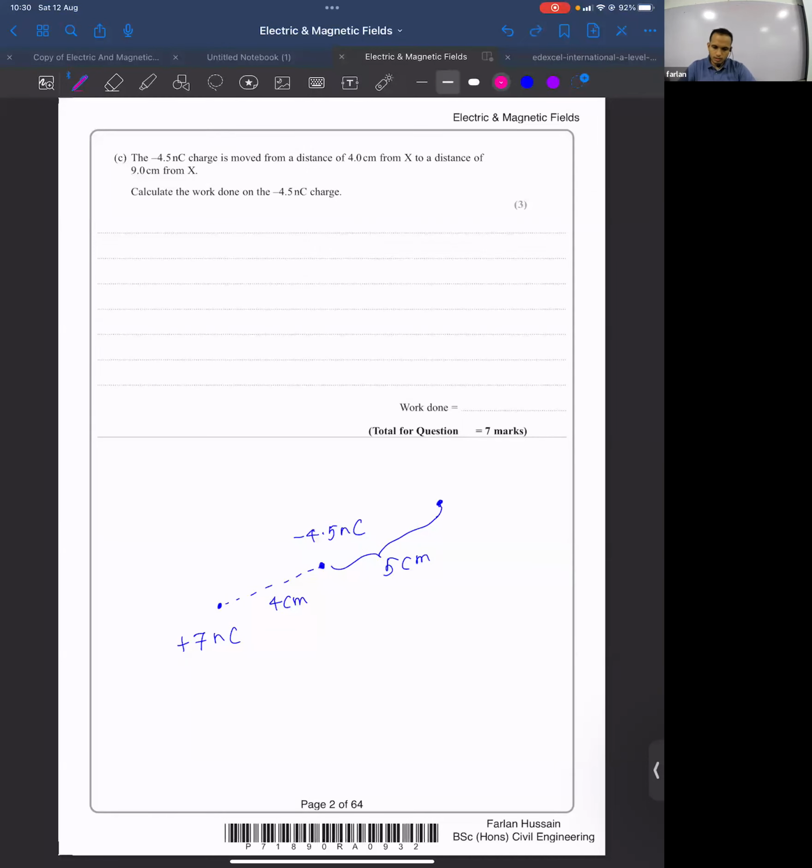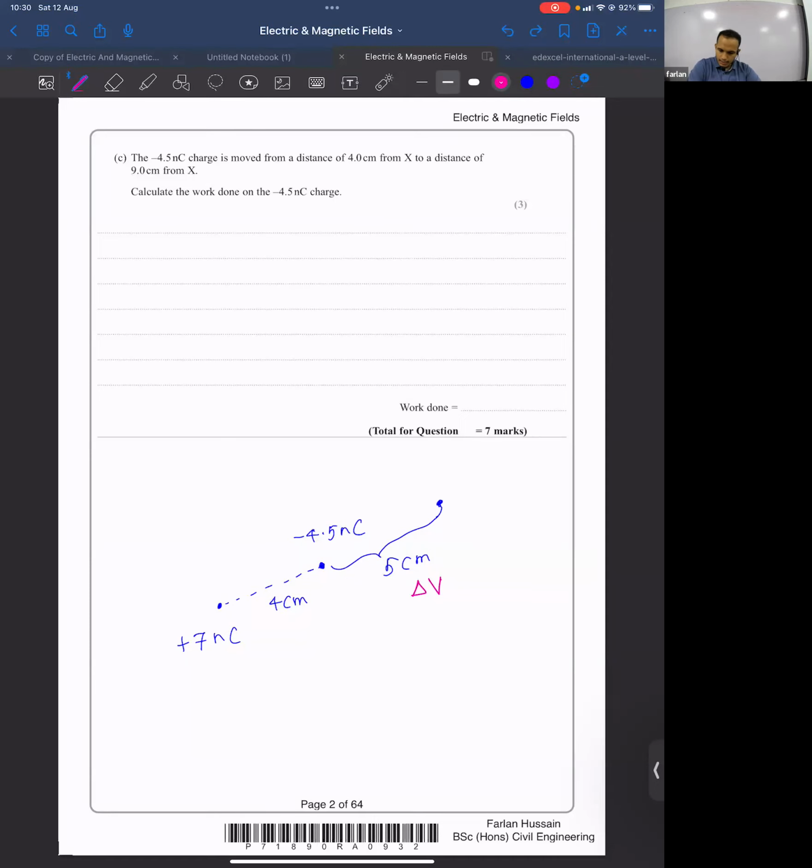So the question is, calculate the work done on the charge. Work done is equal to the electric potential energy it will be gaining. So we have to see the potential difference between these 2 points and multiply by the charge that is moving. That will be the work done.